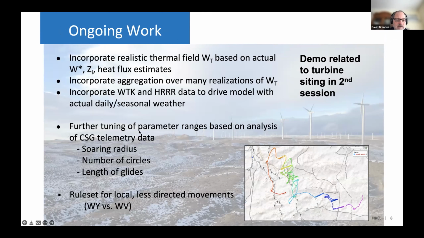And so this is a work in progress, but I think I'm pretty happy with the way it's going. Of course, when we move to an area like Wyoming that doesn't have this structured terrain that we see in the Appalachians, where most of the work so far has been, we have to develop some different rules in terms of local movements, say, throughout a wind farm like Top of the World.